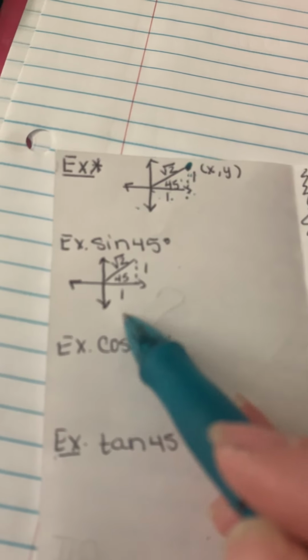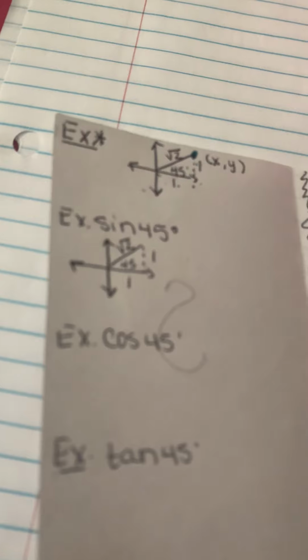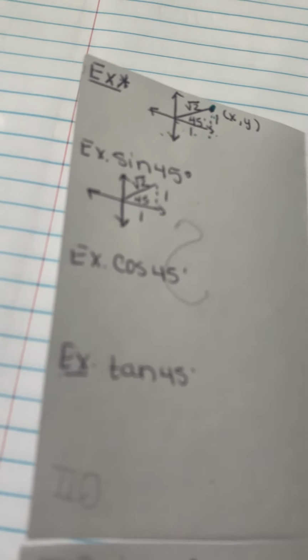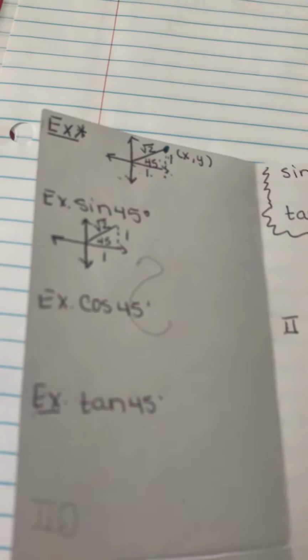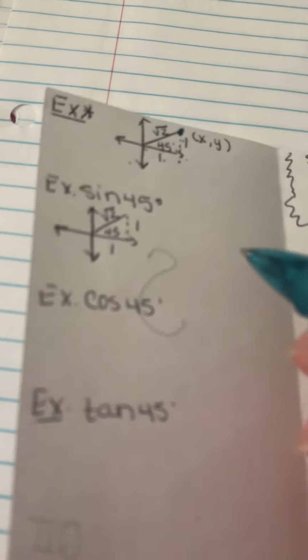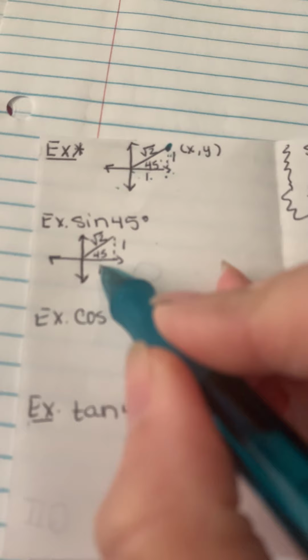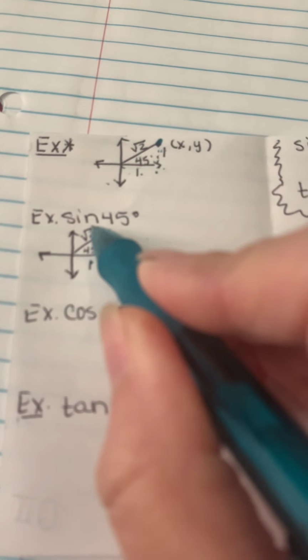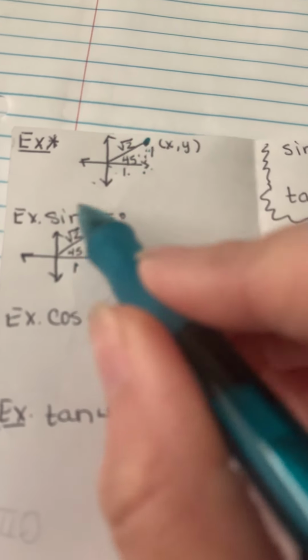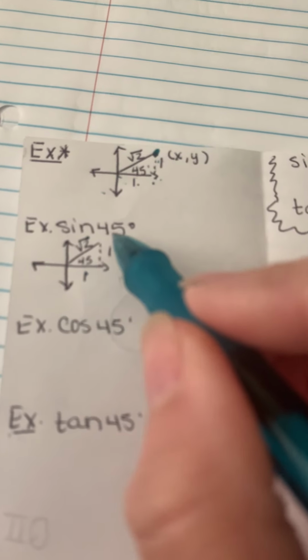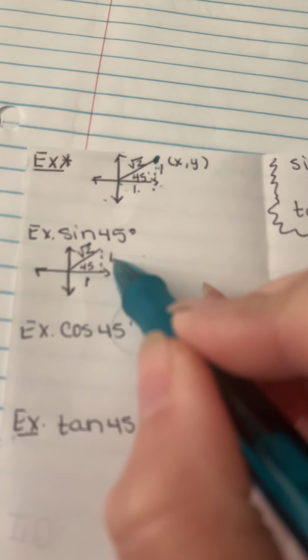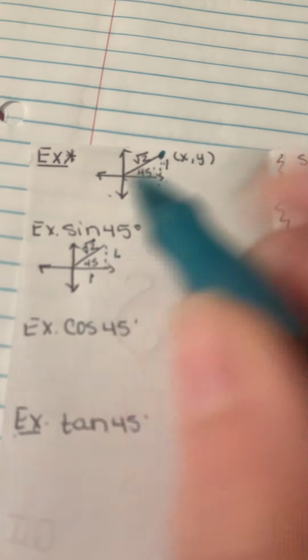We're going to find the sine of 45. Sine of 45 is opposite over hypotenuse, which is 1 over the square root of 2.